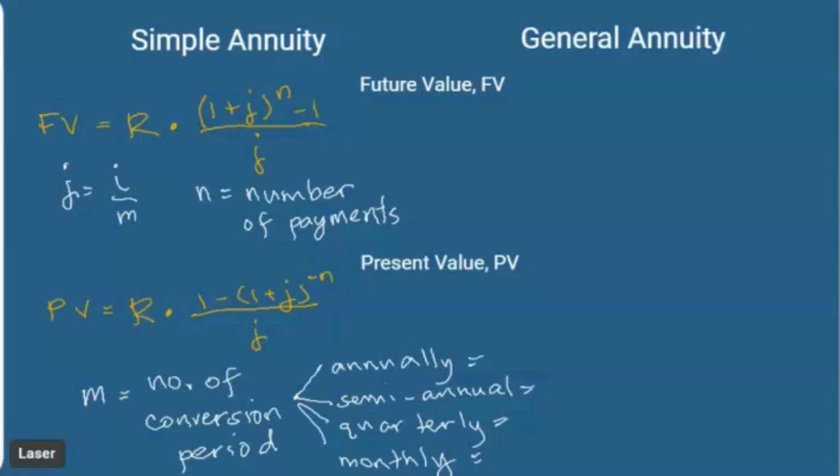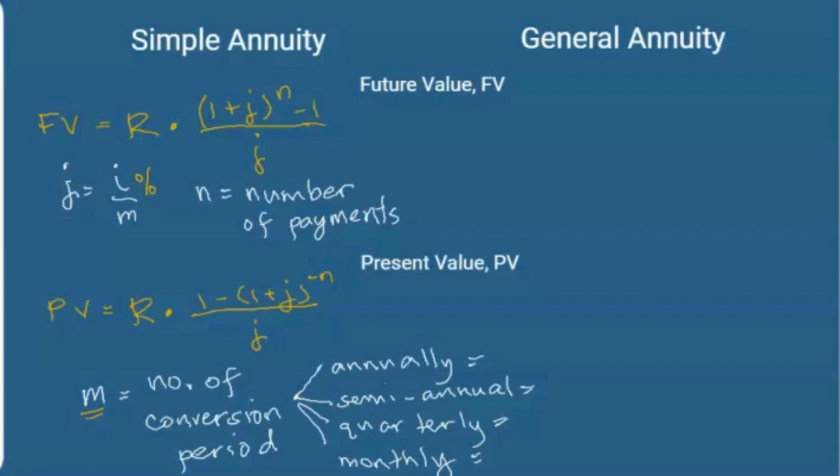Whereas present value, PV, is equal to R times 1 minus (1 plus j) raised to negative n, over j, where R is the regular payment and j is equal to i over m, where i is the interest rate and m is the number of conversion periods.